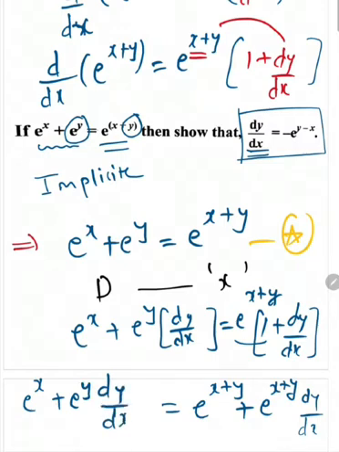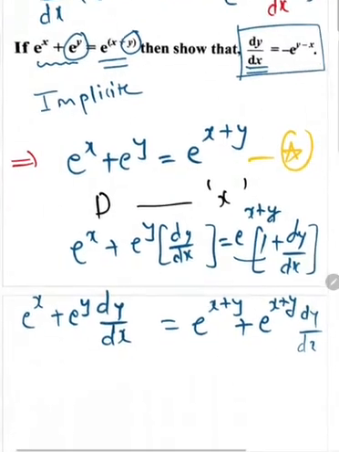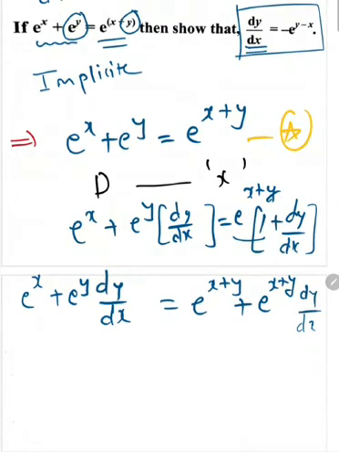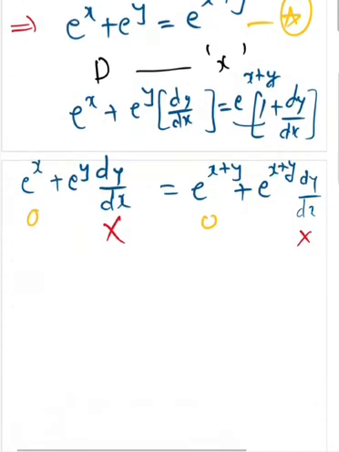What next? As I said in the beginning, this is an implicit function, so we get two places with dy by dx. I mark them x. There are two places which are independent of dy by dx. I mark them 0. So in the next step, I just club the dy by dx terms together and the non dy by dx terms together. Observe how.